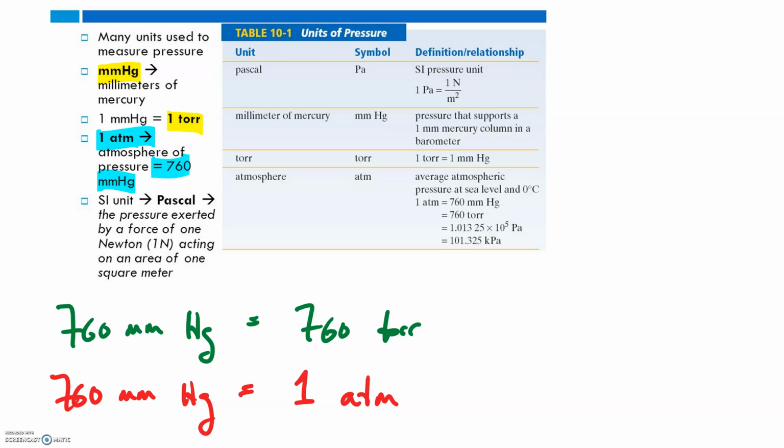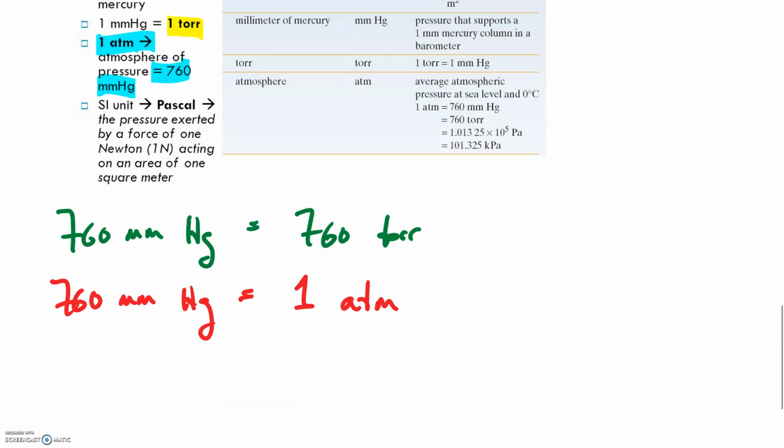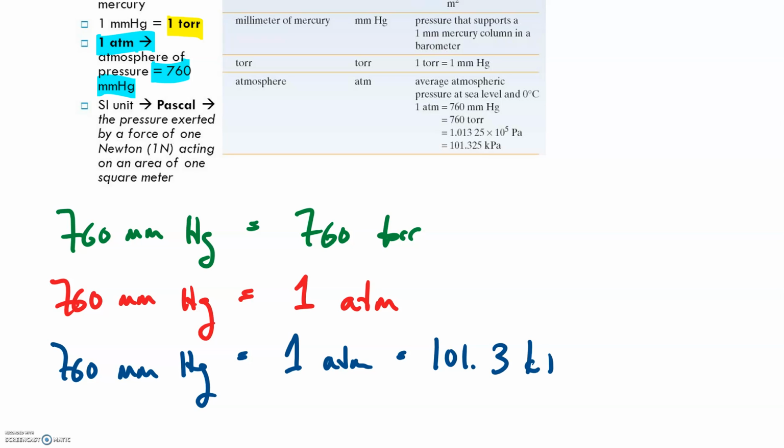The last unit that we're going to concern ourselves with is called the kilopascal. The Pascal is named after another scientist. And we'll say that 760 millimeters of mercury, which is standard sea level air pressure, which is also known as 1 atmosphere, we're going to call that 101.3 kilopascals.